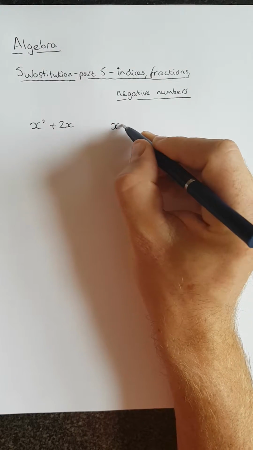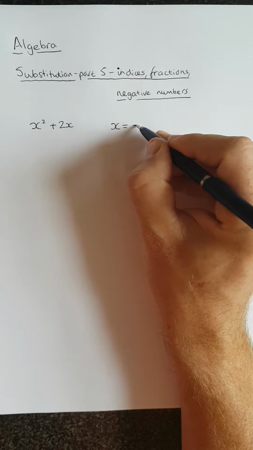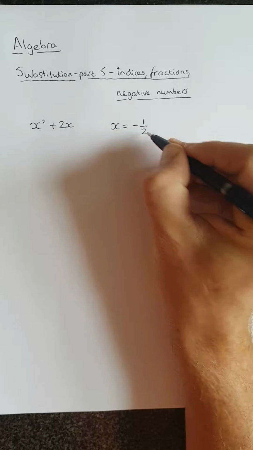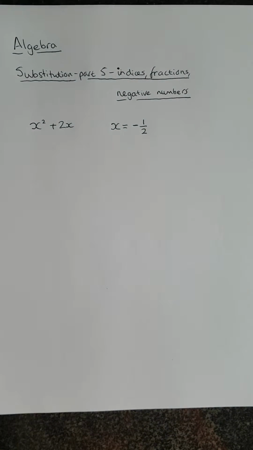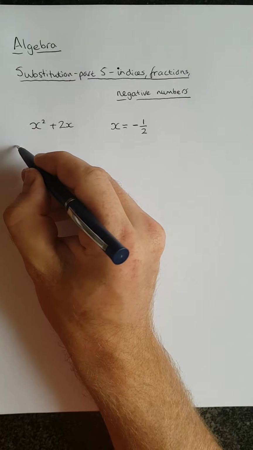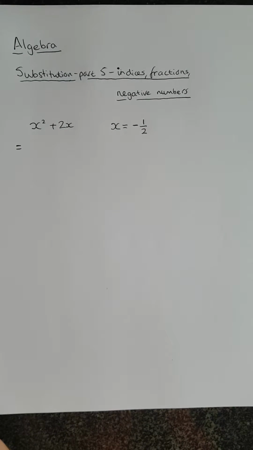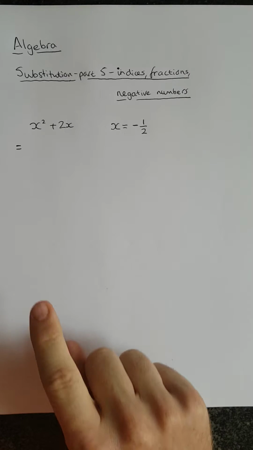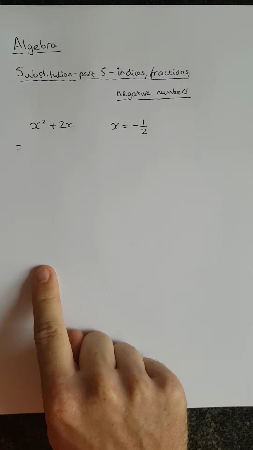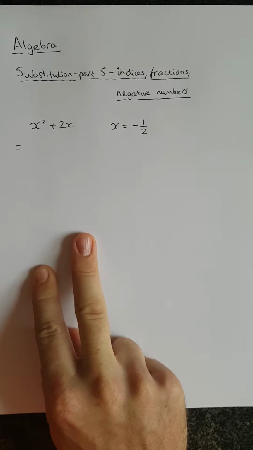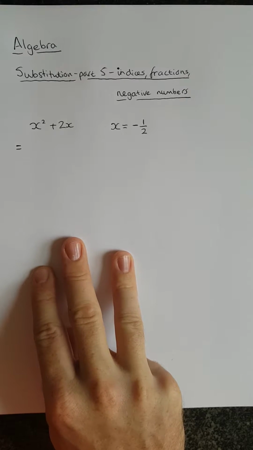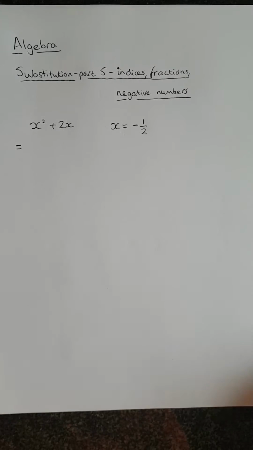And let's make x equal to minus a half. Our three steps, as before, are write it out in terms of meaning, substitute the values, and then calculate.